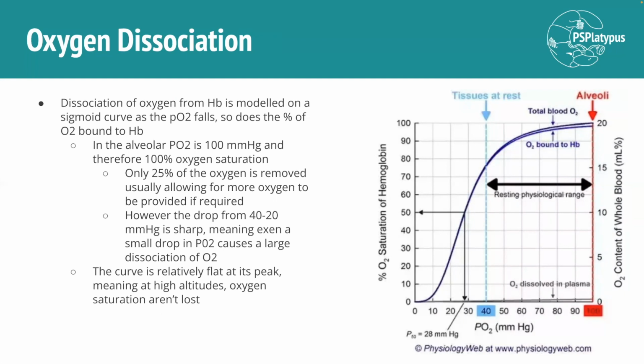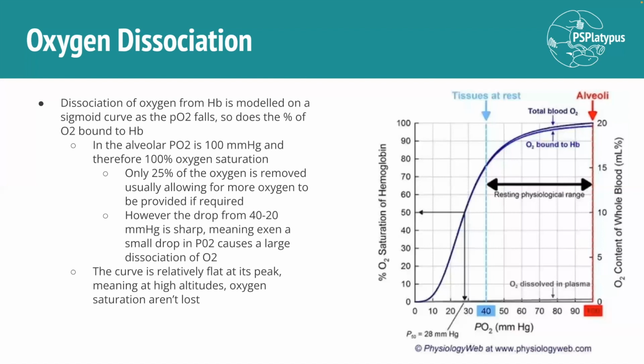We want it to release more oxygen to be provided to the tissue. If we look at it carefully, in the alveolar, the partial pressure of oxygen is 100 millimeters of mercury, and therefore there is 100% oxygen saturation of our hemoglobin, which is what we want.